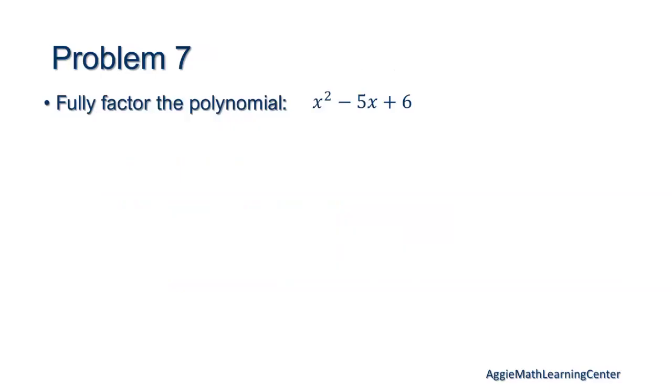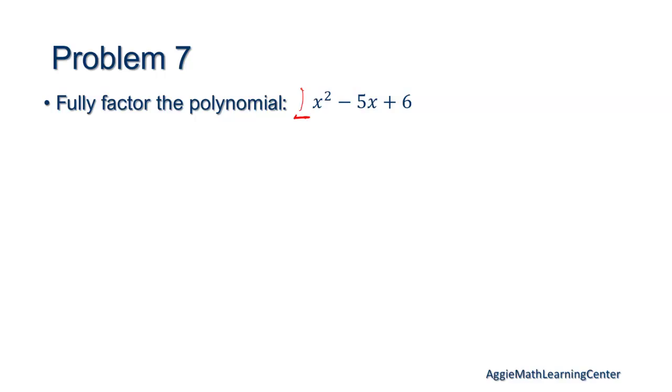So in this case, first of all, what is my leading coefficient for this one? What is my leading term? 1. Perfect. It's not even written there, but I could write a 1 and it wouldn't change anything. So in this case, what are we wanting to use to factor to get to our middle term? The 6.